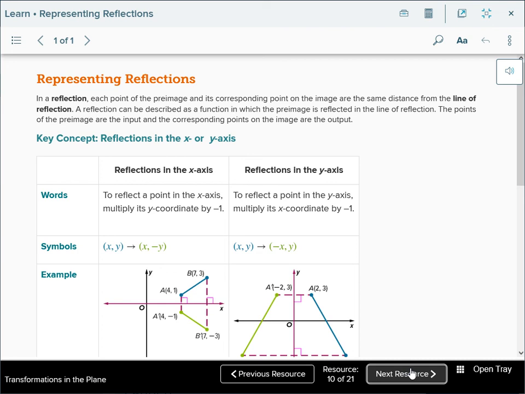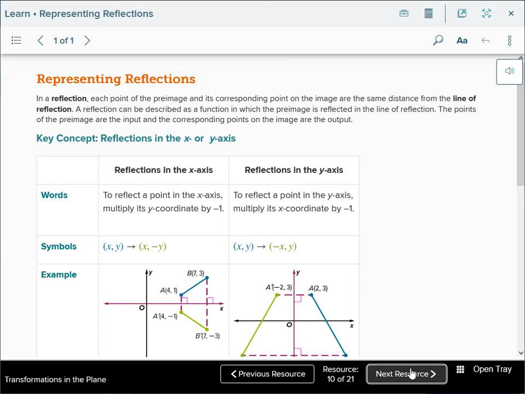So if you're reflecting across the x-axis, all you're going to do is multiply all the y-coordinates of the points by -1. Then that's going to change it to where the image is going to end up.